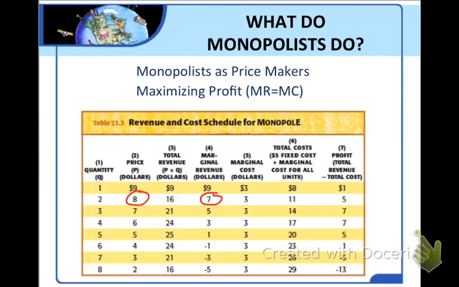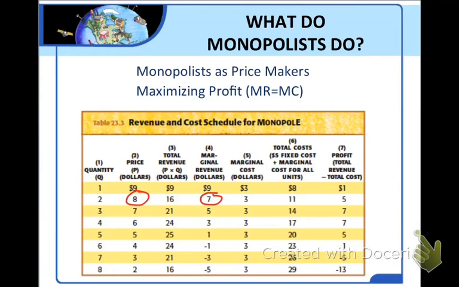For example, to sell the second unit, Monopoly must lower its price from $9 to $8.